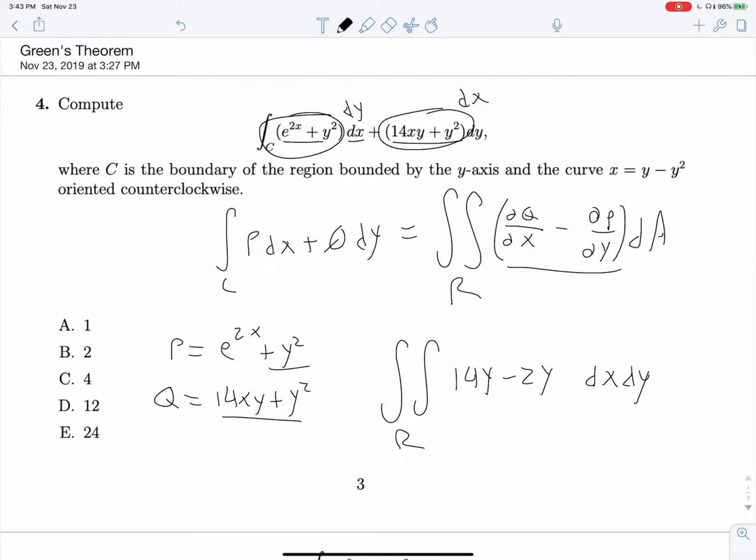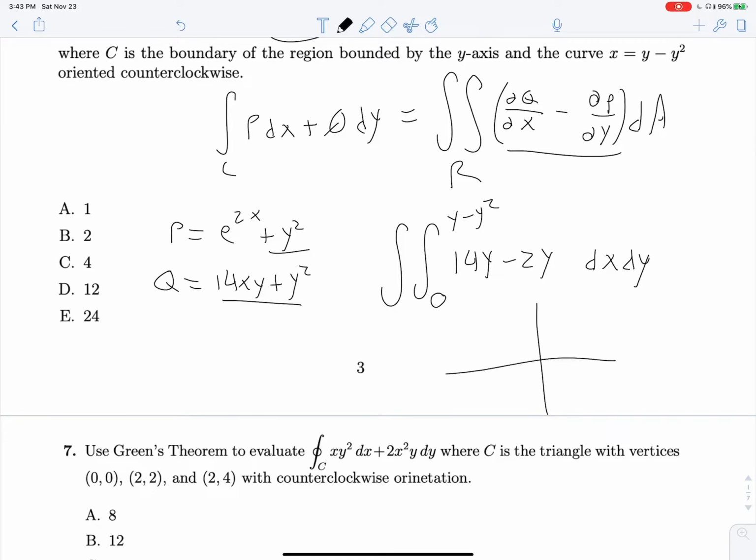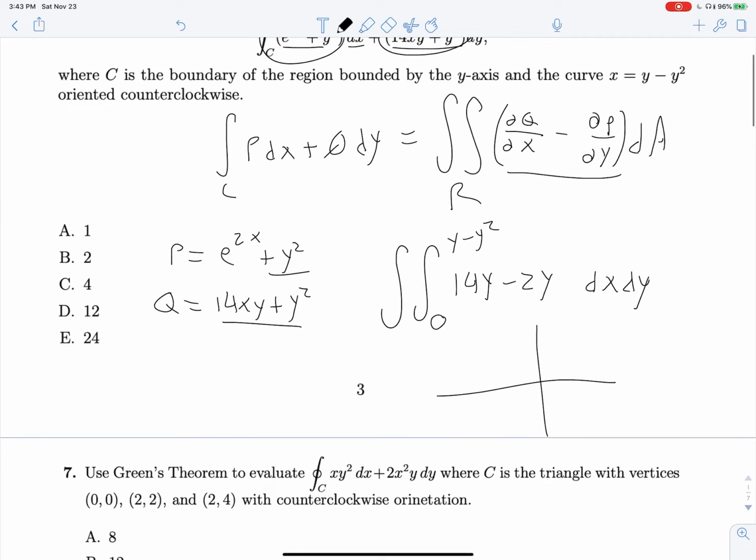We see that x is bounded on the top by y minus y squared and on the bottom by 0, and you can kind of more intuitively see this if we sketch out what this thing looks like. This is going to be a parabola running like that, and it says we're bounded by the y-axis and that parabola, so you can see a little easier how x is bounded on the bottom by 0.